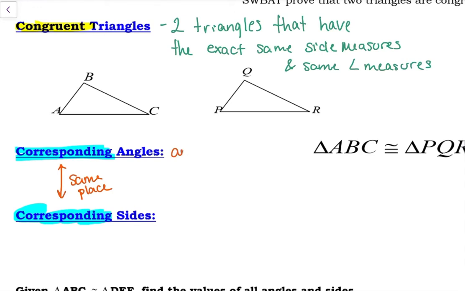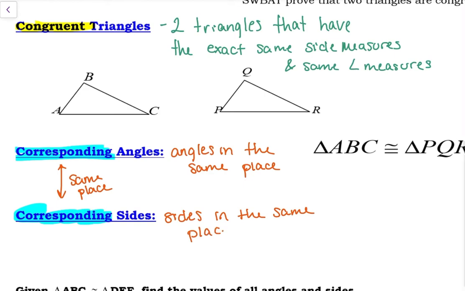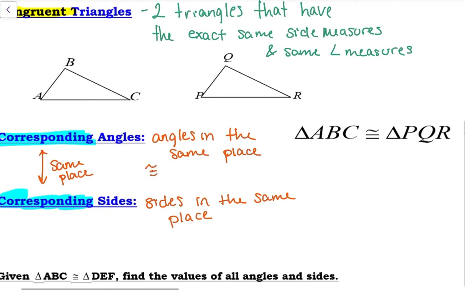So angles in the same place, and sides in the same place. Of course, in congruent triangles, this means that they are congruent to each other.